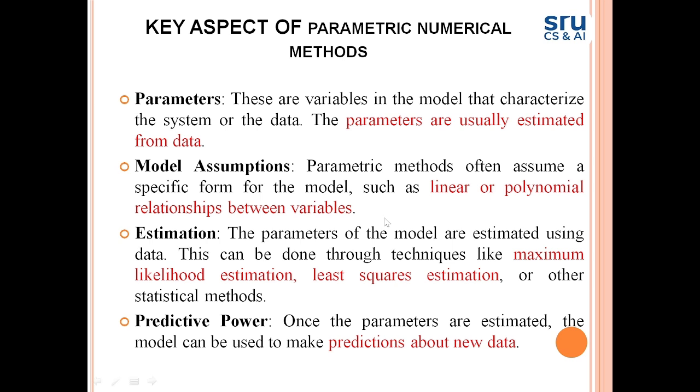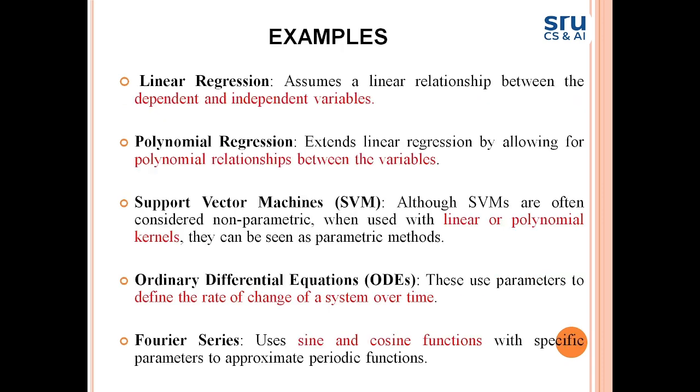Estimation: the parameters of the model are estimated using data. This can be done through techniques like maximum likelihood estimation, least squares method or other statistical methods. Then we have predictive power: once the parameters are estimated, the model can be used to make predictions about new data.